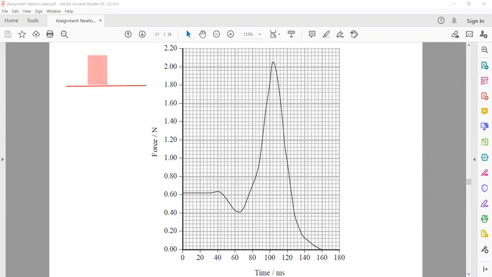I'm representing the bird by a rectangular box. For example, the weight of the bird is 20 Newton. The ground will also apply a force of 20 Newton. So this is a contact force which is shown.